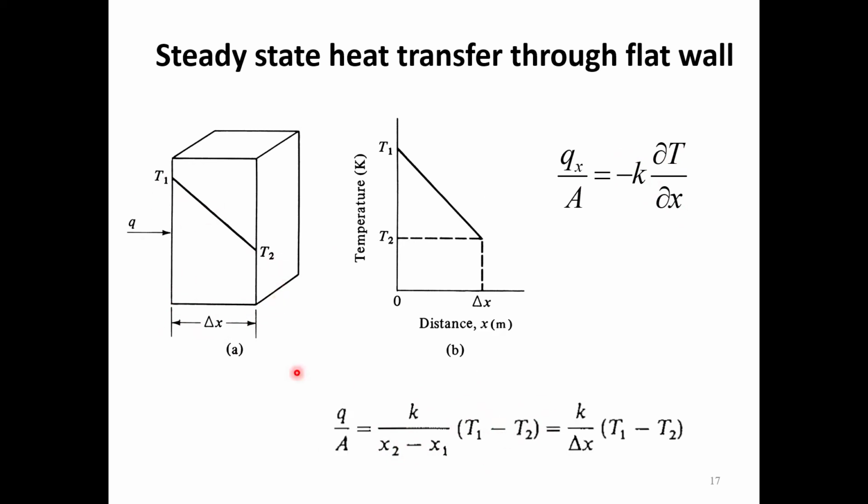So Q is directly proportional to the temperature difference. Temperature difference dictates how fast heat transfer happens. We will later see that this delta x, k, and A can be rearranged to add a term called resistance. As resistance increases, heat transfer comes down.